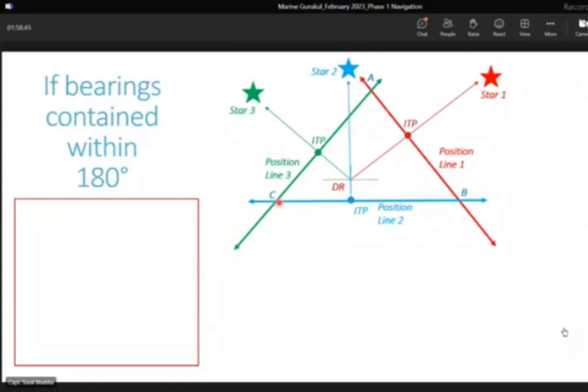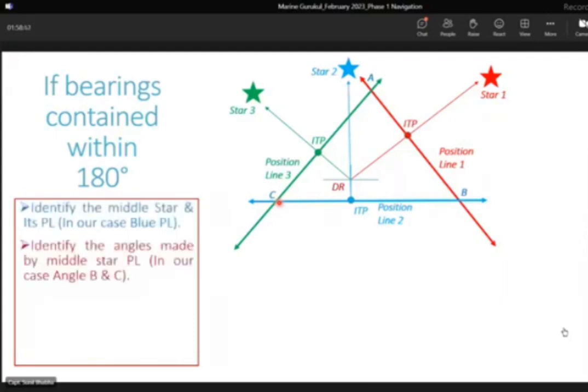Now what do we mean by external angle bisectors? Let me show you in the diagram. We have identified the middle star, the blue color star, and its associated PL, the blue PL. We have identified the angles involved with the middle PL, in our case angle Bravo and angle Charlie.